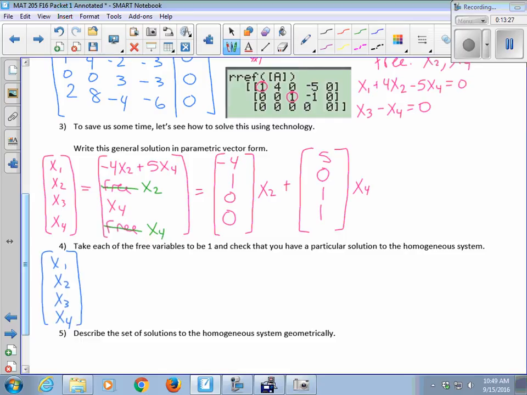I want a particular solution, and I'm going to choose my free variables to be 1. So I have negative 4, 1, 0, 0 times 1 plus 5, 0, 1, 1 times 1. Pick the free variables to be 1, and that will tell you, then you'll have all the variables. So this comes out to 1, 1, 1, 1.